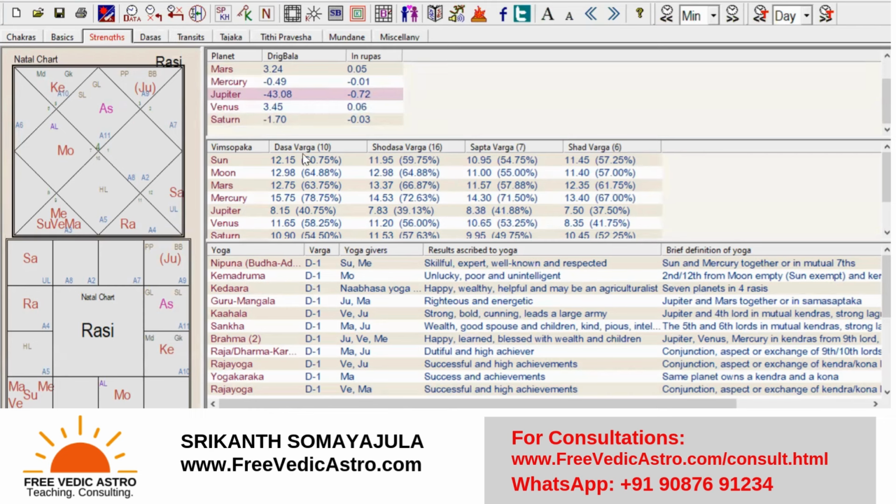Similarly, a lot of people use these Dashavargas, these numbers. Somebody uses Vimshopaka bala and has 0, 1 counting, and with that they will do. Somebody is using Ashtakavarga points. Oh, I've got only 10 points in this house, 15 points in the other house, so there is a problem. Don't go by numbers. This is not a number game, astrology.